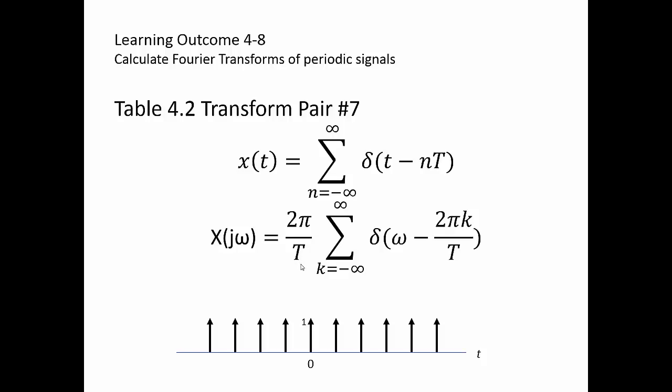This is some of the things you can do with periodic signals using a Fourier transform. And since we tend to mix periodic signals and aperiodic signals, it's good to know how to do this with Fourier transforms and not just Fourier series.